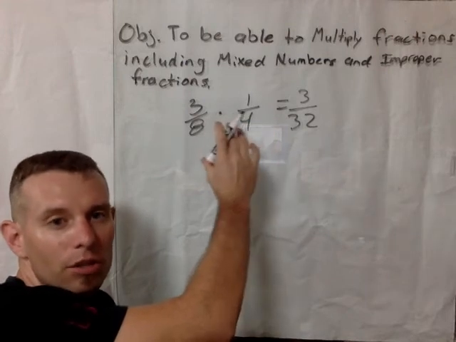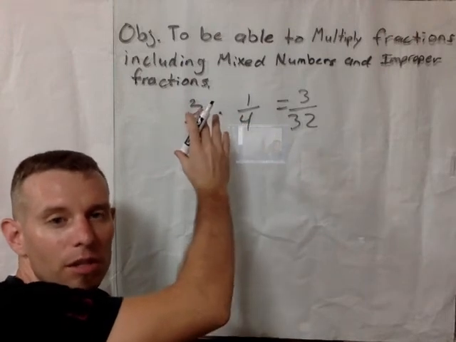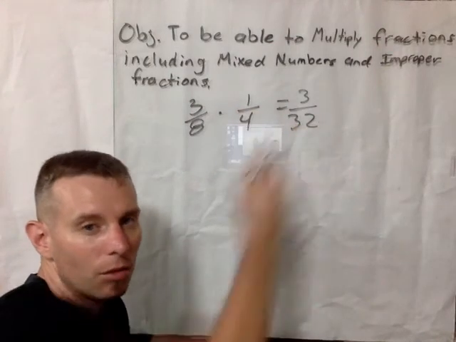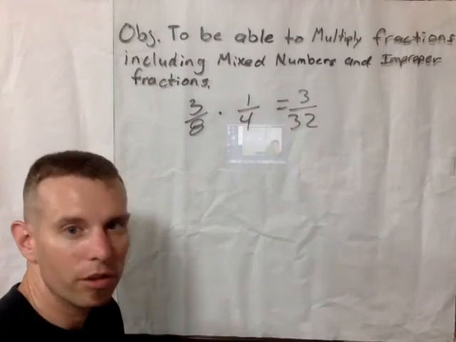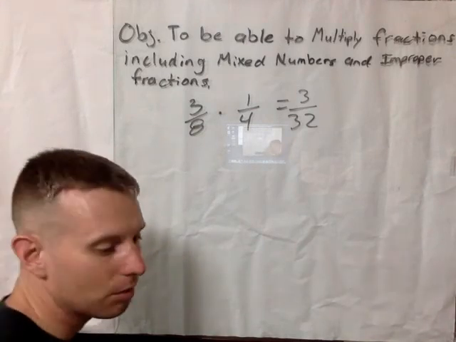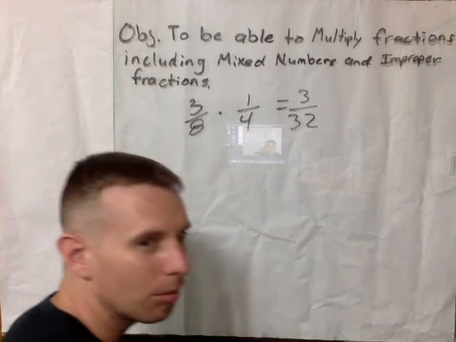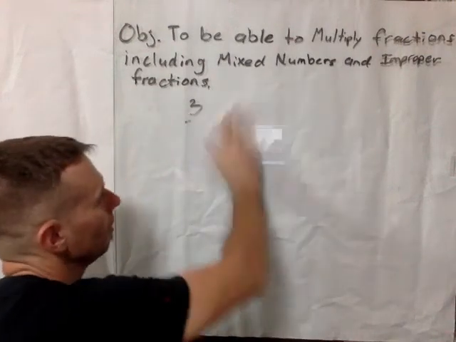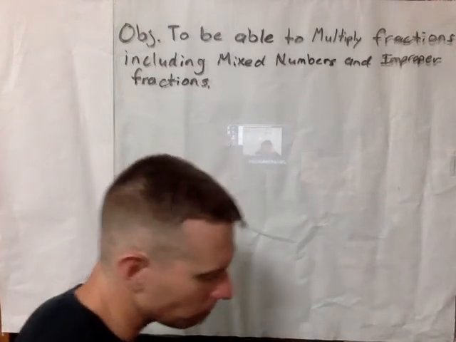If we start with a number less than 1 and multiply it by a number less than 1, we should end up with an even smaller number, 3/32. That's about 1/10, you could estimate. So that's a pretty small number, so we're probably on the right track. It's not an exact science, estimation, but I think that would be okay.